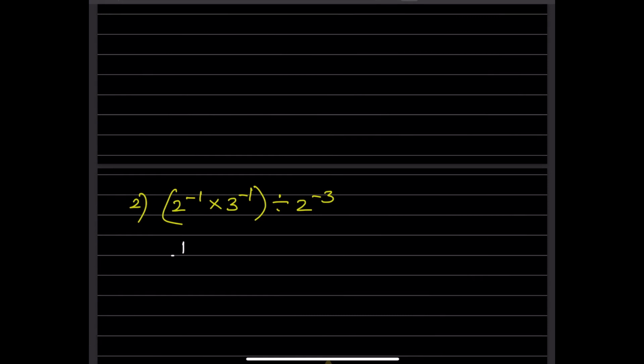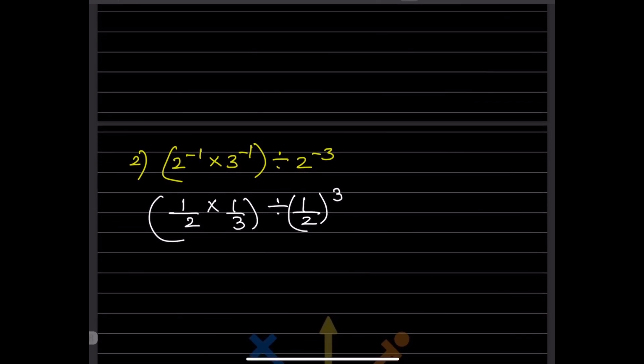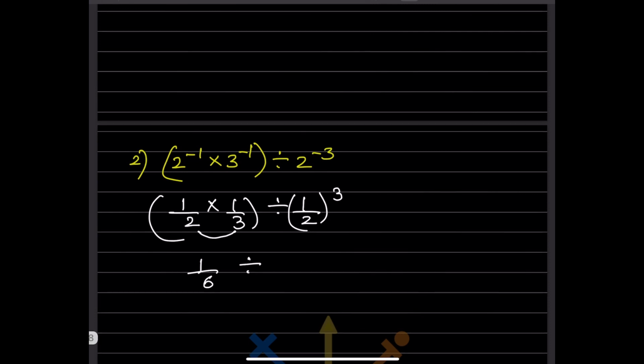Here again this is negative, so you will make it flip over. So that will be 1 by 3 divided by 1 by 2 raised to 3, because all the exponents are negative. So now what you can write for this one, because this is multiplication, so you will write a 1 by 6 divided by, now see here, 1 raised to 3 and this 2 raised to 3, that is going to be 1 by 2 raised to 3 means that is going to be 1 by 8.